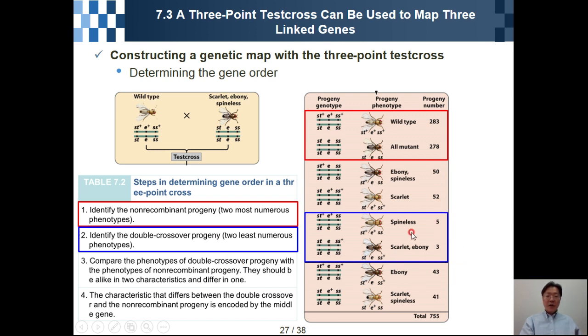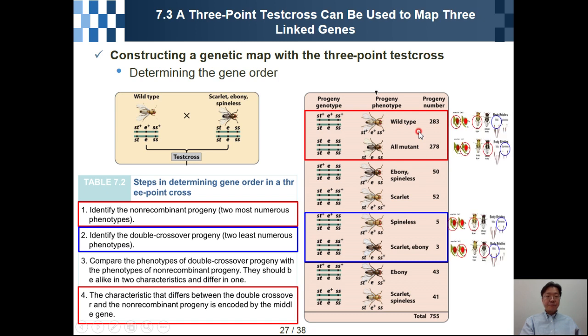Now we have to compare the phenotype of the double crossover with the phenotype of the non-recombinant progeny. For example, when we compare this one and this one, two show the same phenotype and one shows a different phenotype. How about when we compare this one and this one?